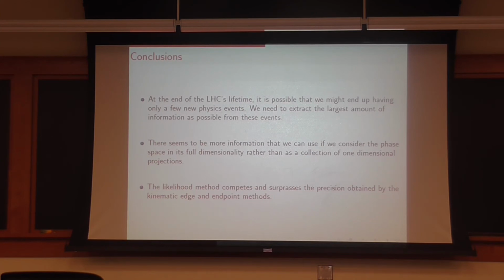Well, I didn't show you the comparison, but the likelihood method does better than the edge and endpoint. Way better, for example, in 2 plus 2 plus 2, but still very much better in 2 plus 3 topologies. Thank you.